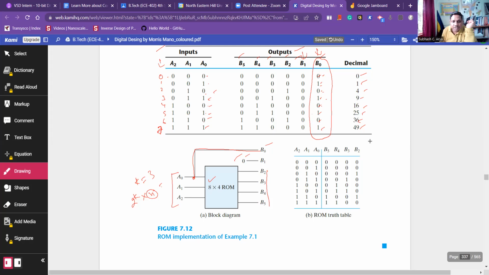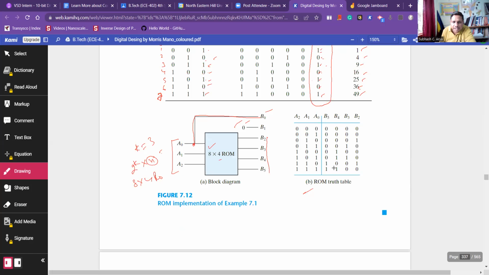For that, we use an 8 cross 4 ROM. So the ultimate size will be this, and this is the final reduced truth table for the ROM implementation of the example, where the circuit accepts the 3-bit input and gives the square of the input value. This is the statement of the problem, and we could realize it.